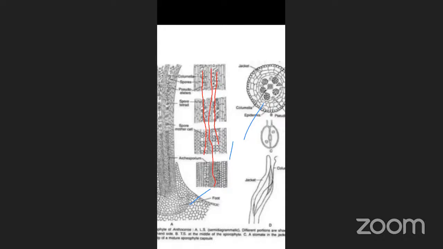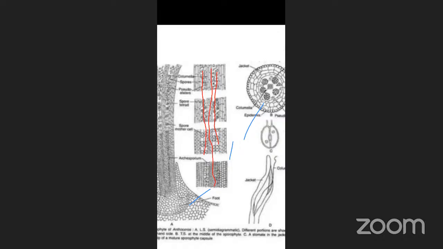So these archesporium mother cells and some pseudoelaters form. That means the fertile tissue is gradually reduced, and sterile cells gradually increase. In this narrow part of the capsule, the covering layer and the archesporium are derived from the endothecium.